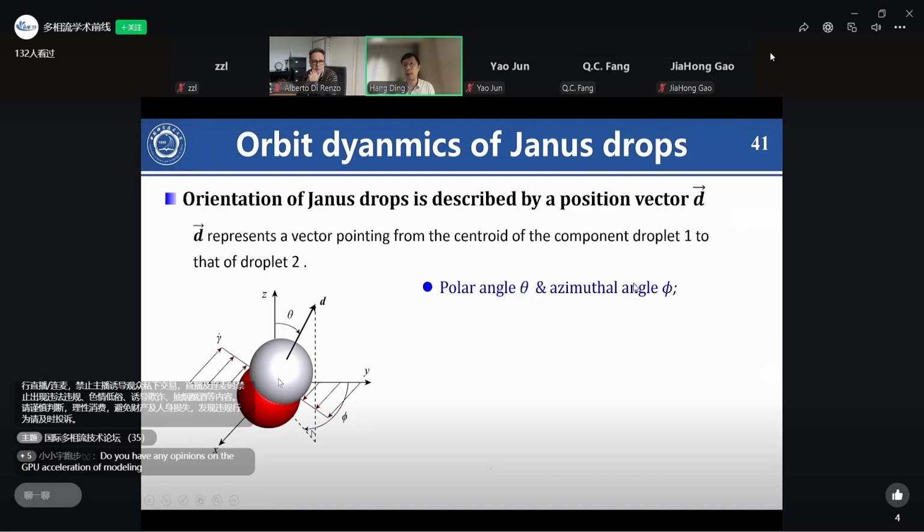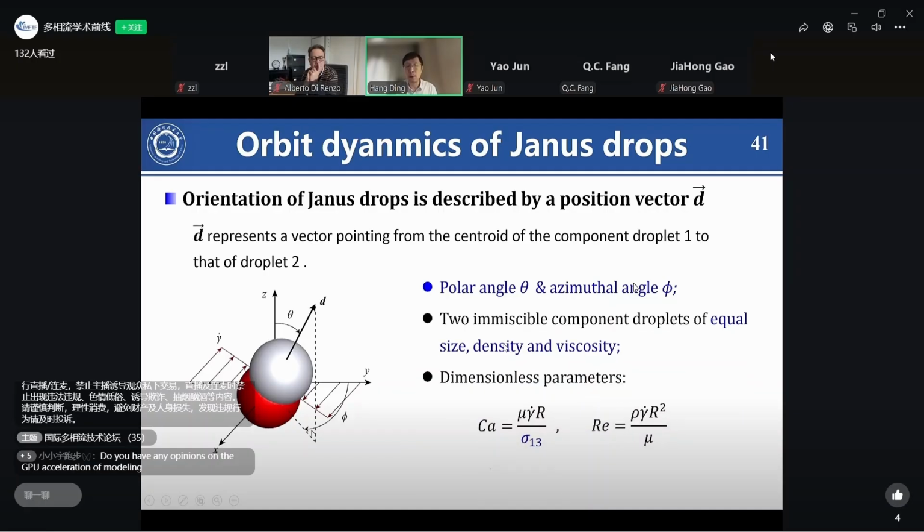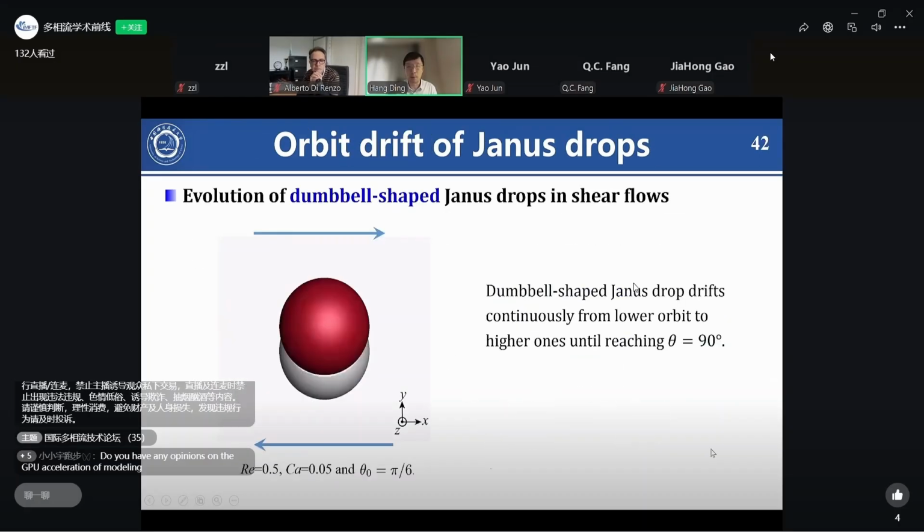Here we connect these two points, then we have this position vector D. With this D, we can define the polar angle zeta and the azimuthal angle phi here. Okay, and here is the problem statement. We also consider component droplets of equal size, density, and viscosity. And the dimensionless parameters are the Capillary number and the Reynolds number here.